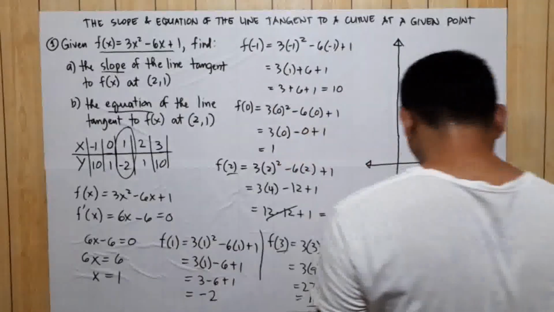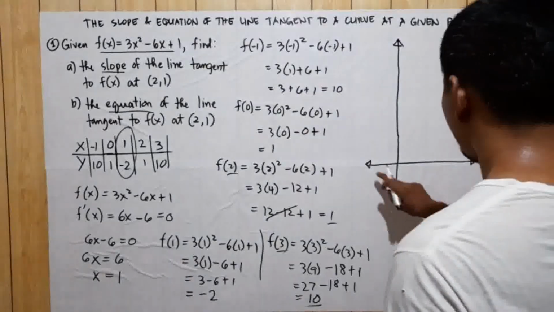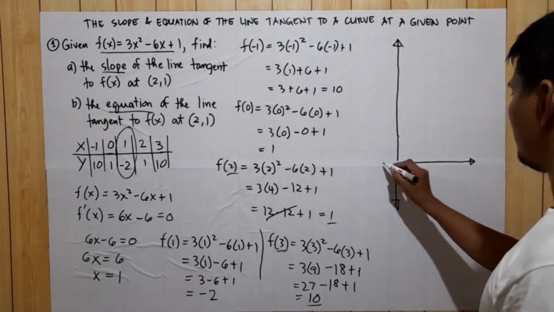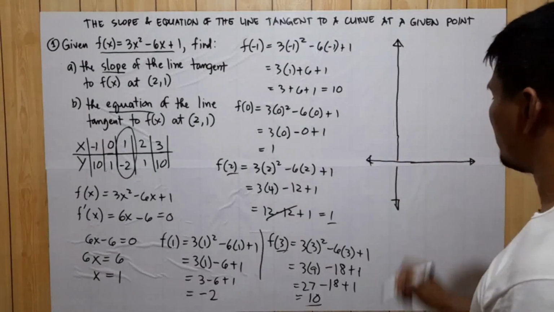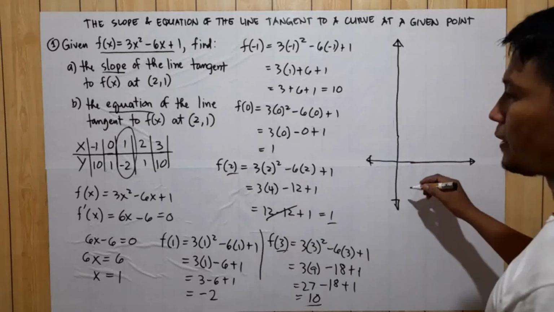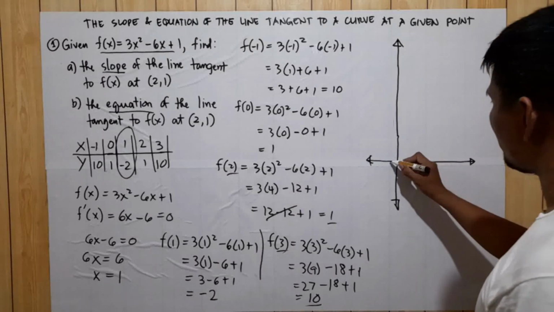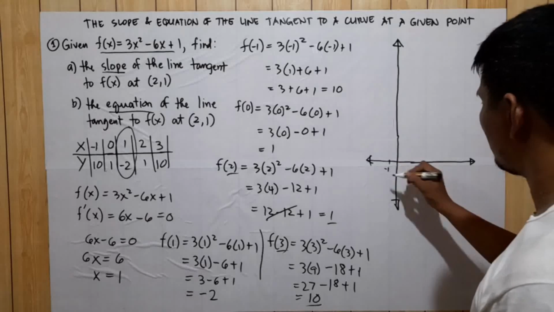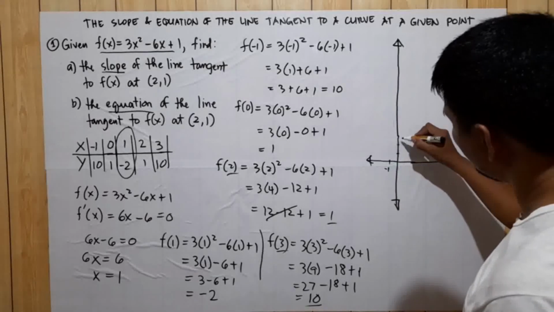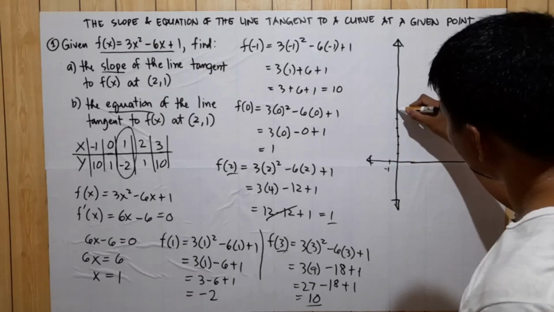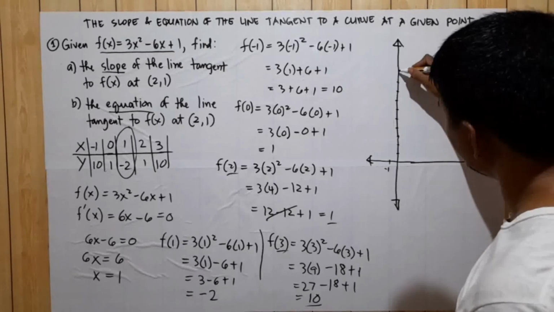Okay? So, ito pong graph ay meron po tayong ordered pairs na negative 1 at 10. So, negative 1 at 10. 1, 2, 3, 4, 5, 6, 7, 8, 9, 10.